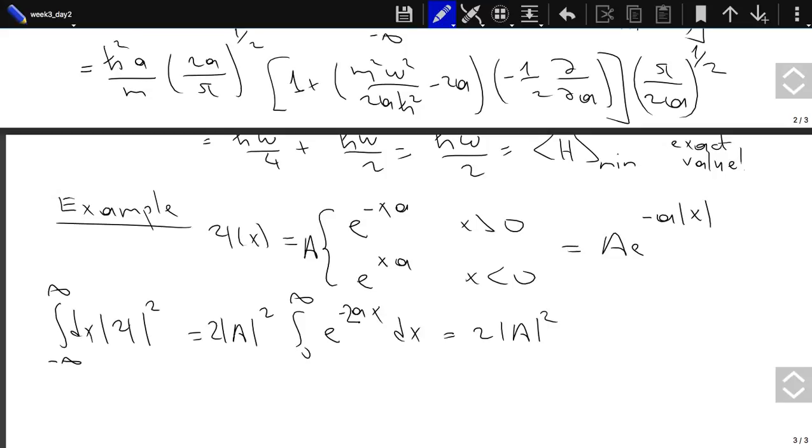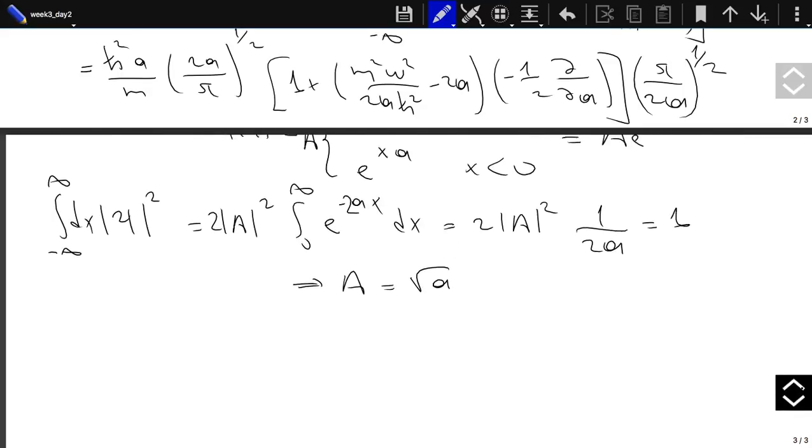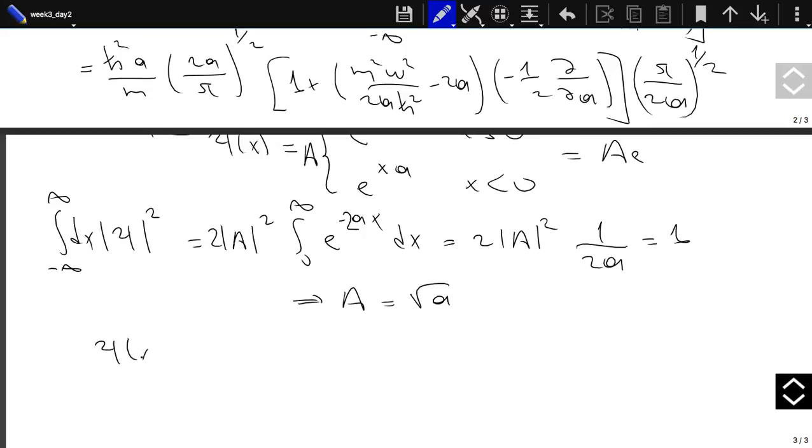Since the integrals from minus infinity to 0 and from 0 to infinity are the same, I just take the integral from 0 to infinity and multiply by 2. This should be 1, so we can choose A to be the square root of a. So now we have our wave function: square root of a times e to the power minus a absolute value of x.